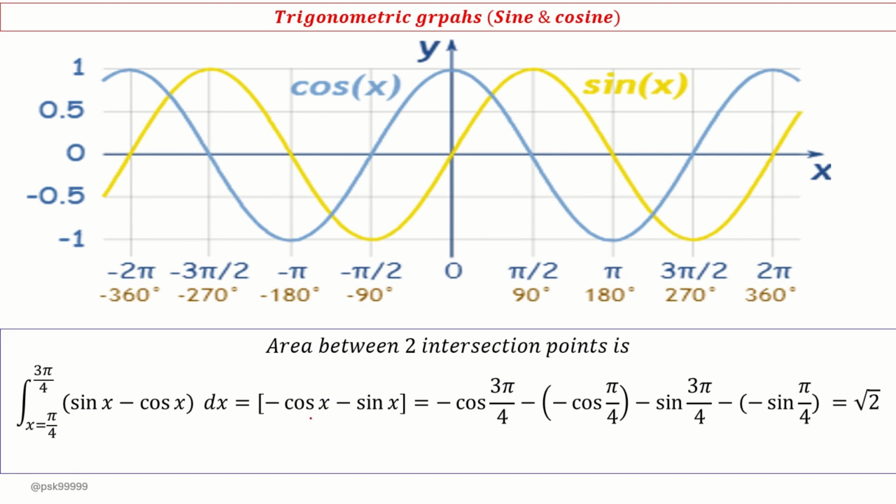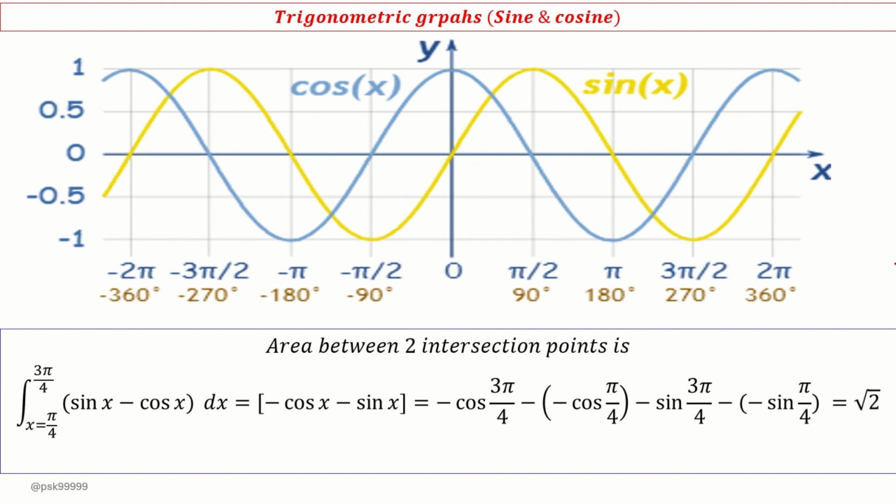If I expand, I get minus cos x minus sin x with limits pi by 4 and 3 pi by 4. If I apply it, I'll get square root of 2. This is the area between the sin x and cos x points.